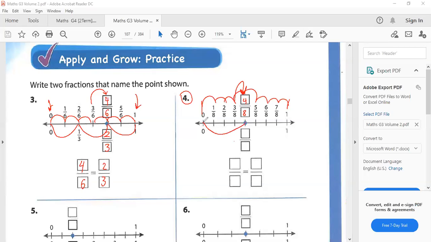Let us see. 1, 2. 2 only. Right? So we need the missing fraction in exactly the middle. To reach this point is 1 jump, so 1 over how many?